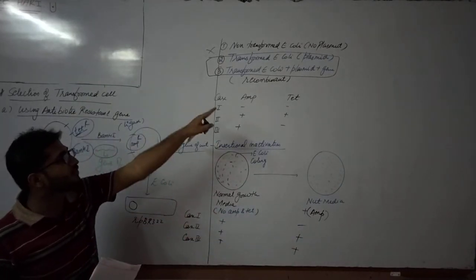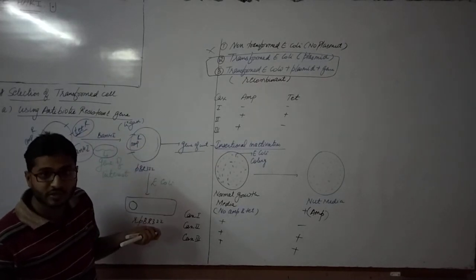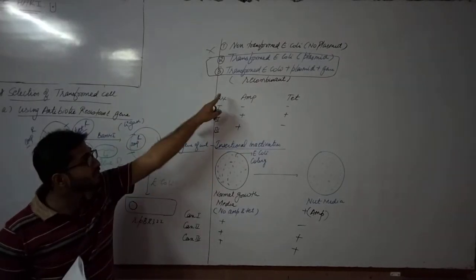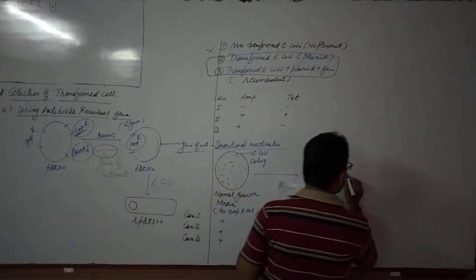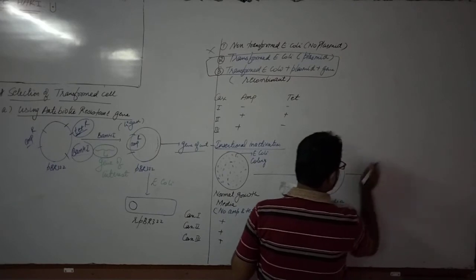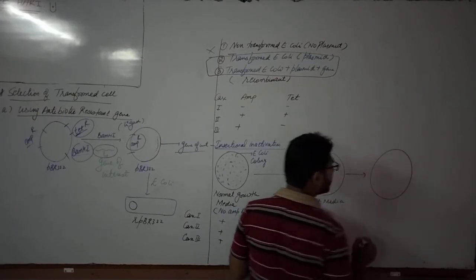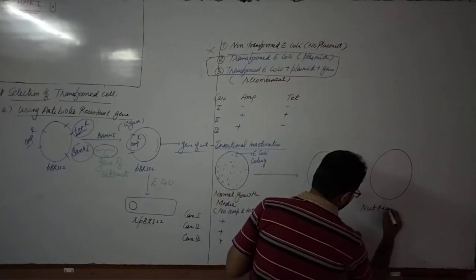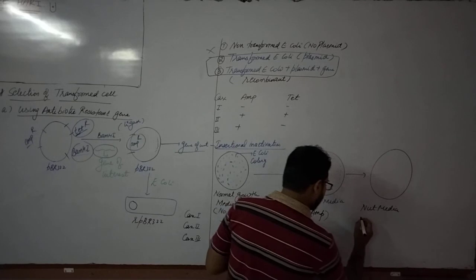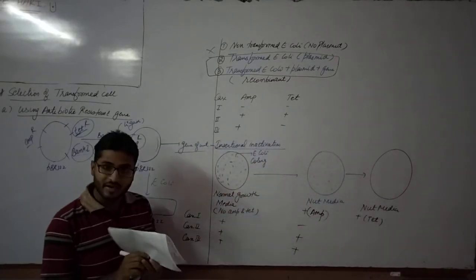The cells which have the intact plasmid, the non-recombinant one, and also the recombinant ones, because ampicillin resistance is present. Now again we have to transfer these colonies through a replica plating technique into tetracycline media. So nutrient media plus we are adding tetracycline, TET.